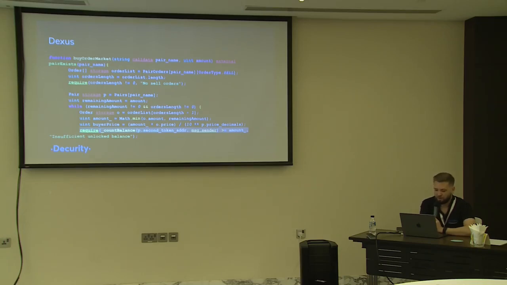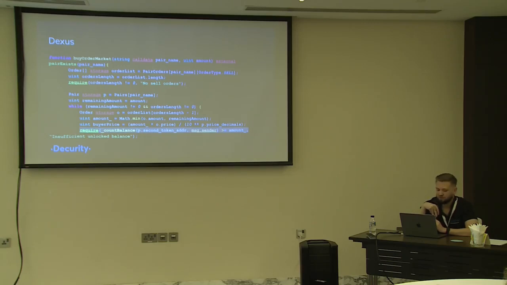Well, the core issue is the line that is highlighted. This function, buy order market, is used to fill some orders that were previously listed in this exchange. And the bug here is that in this require statement we check that the balance of a user is greater than amount.